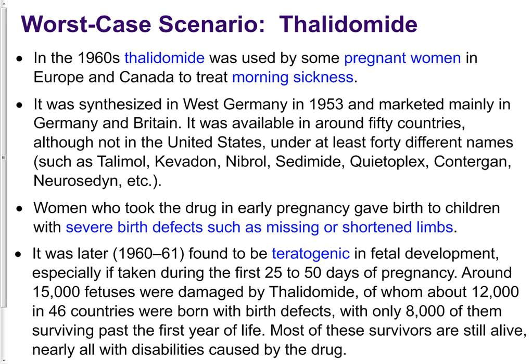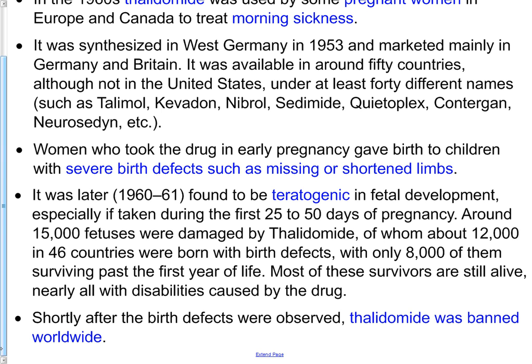What happened with the case of thalidomide is that one enantiomer of thalidomide fought the morning sickness, and the other one, instead of being harmless, actually caused these birth defects. So now thalidomide is banned worldwide, and it is not used for morning sickness, although I have read recently that it is used to treat leprosy, which we don't see much in the United States and in developed countries, but we do see in some third world countries.